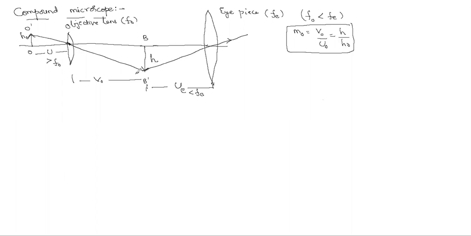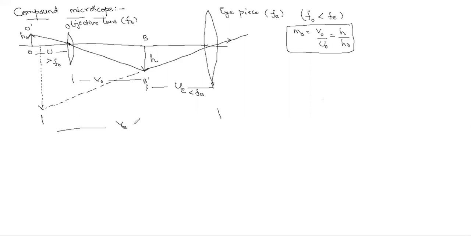Suppose somewhere here the image is formed like this. This distance from the eyepiece is the image distance, so I write it as VE.